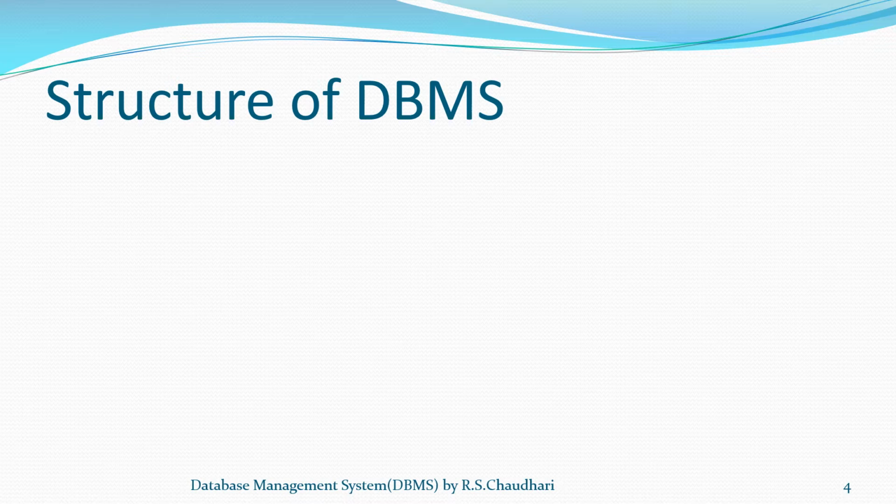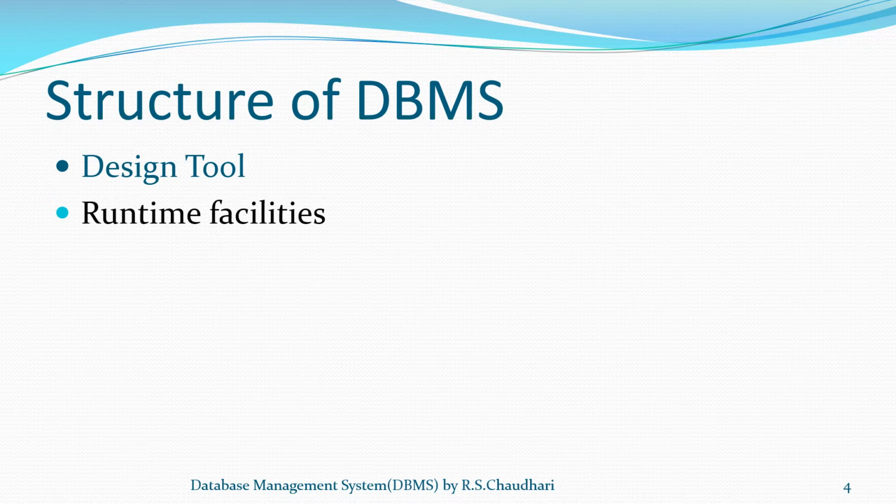Structure of DBMS. A database system is partitioned into modules that deal with each of the responsibilities of the overall system. The basic component of DBMS can be divided into three subsystems. First is the design tool, which allows you to create database forms and reports. Second is runtime facilities.